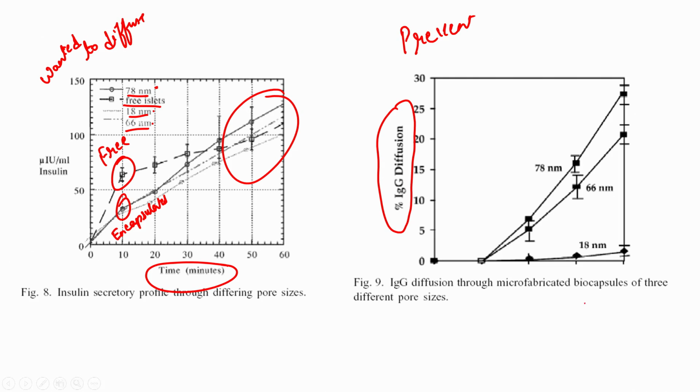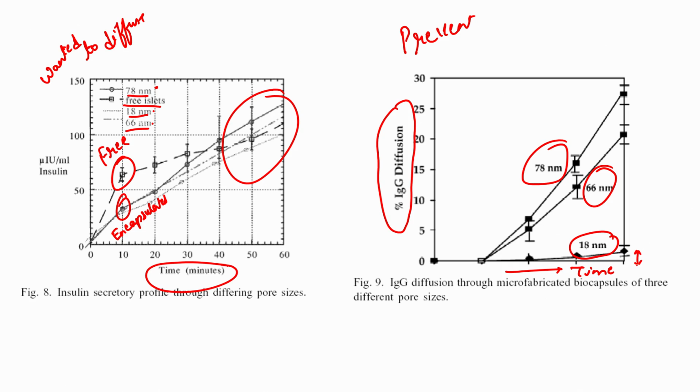What you are seeing here, as you are going up, is time again. For 78 nanometer you have quite a high diffusion of IgG, so this is not good. At 66 nanometer you still get some IgG diffusion, slightly lower than 78, but still fairly high. But at 80 nanometer you eradicate it quite a bit, although some of it is still going in.